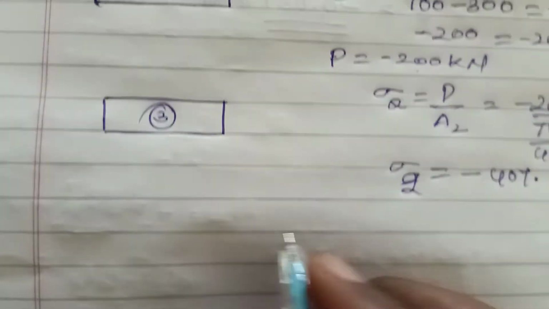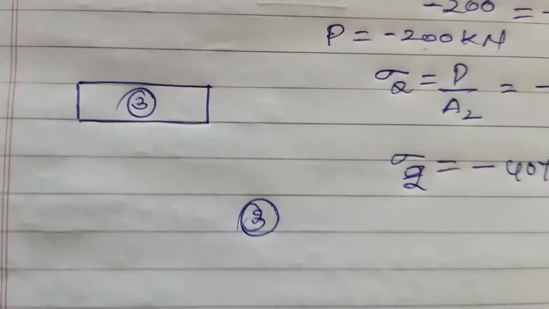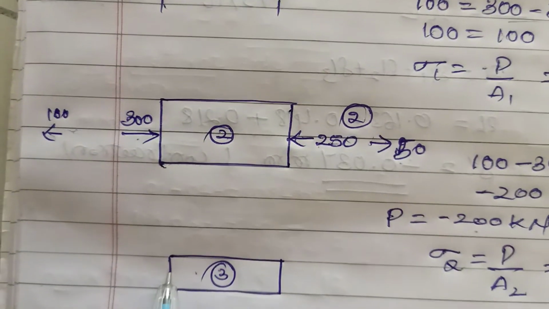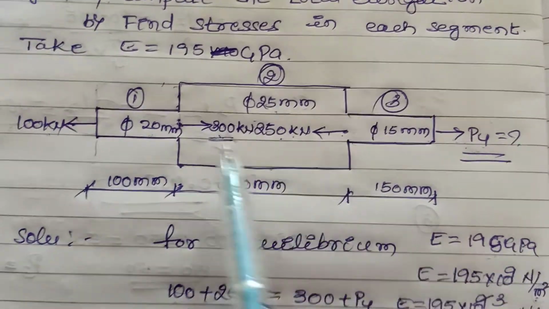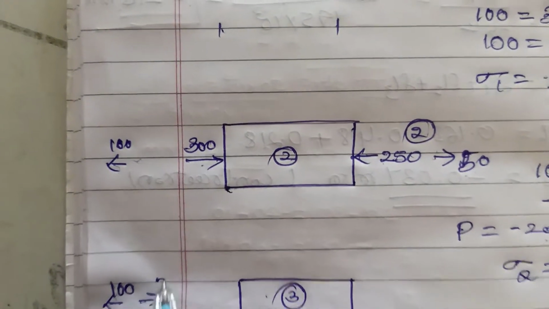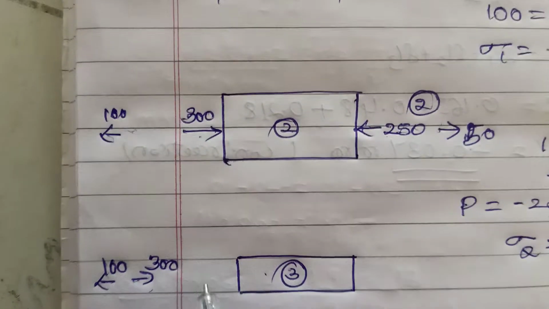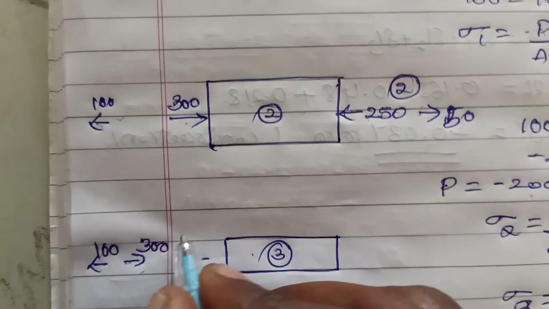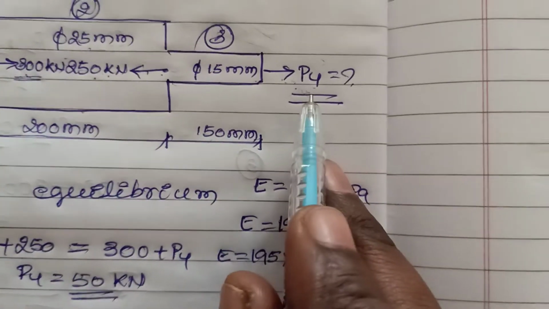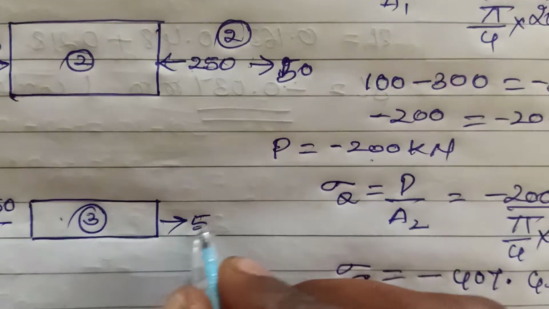Then after calculating this, third section. So this is the third section. Just check how many loads are acting with respect to this plane. 1, 2, 3. So 100 tensile, then minus 300, that is compression, then again tensile 250. Then here only P4 is acting, that is 50.